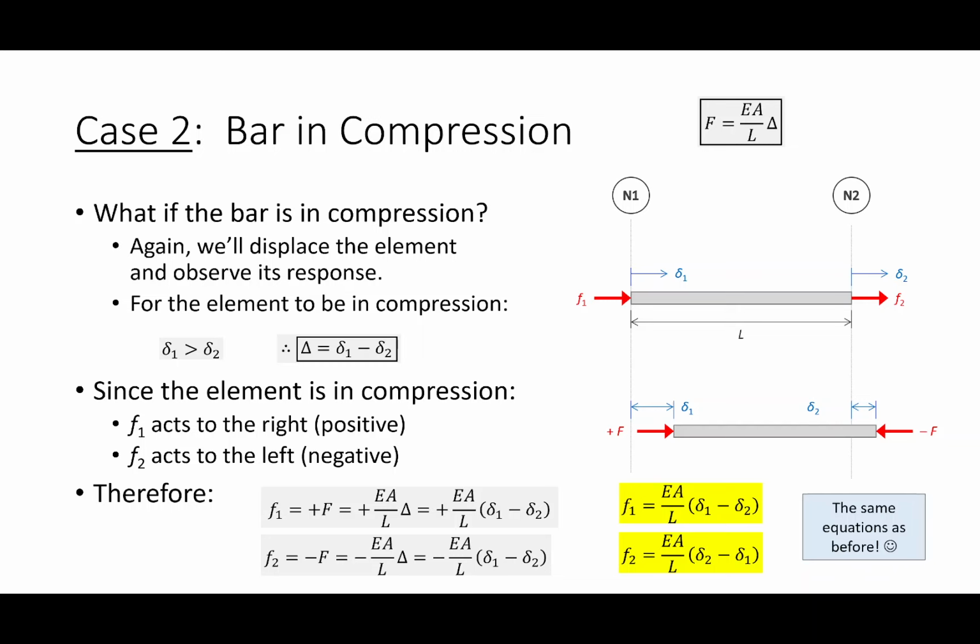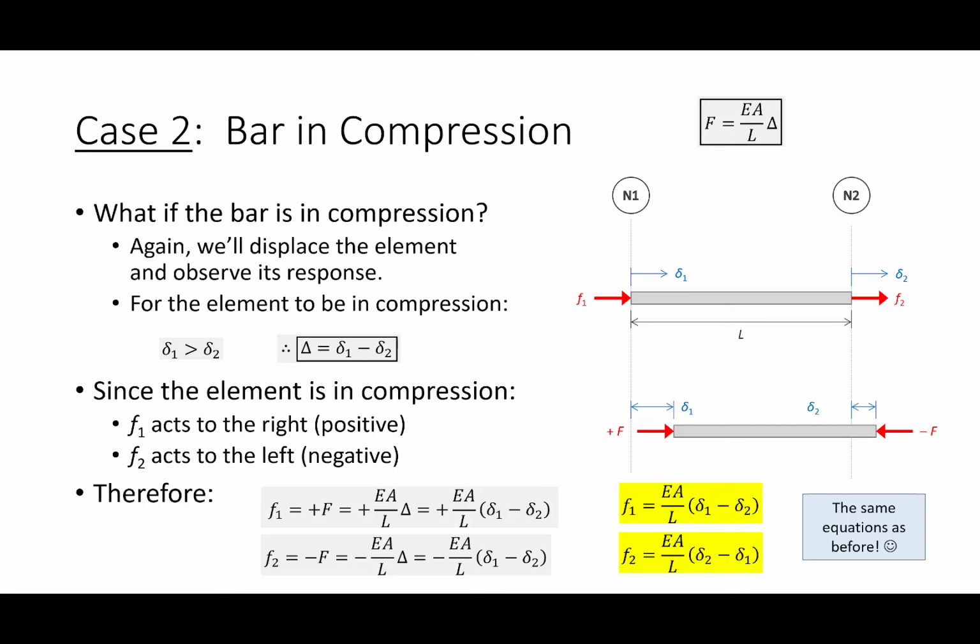Just wrote that in matrix notation. So really, the stiffness matrix is just K, minus K, minus K, K. Or if I want to factor the K out, I get this.